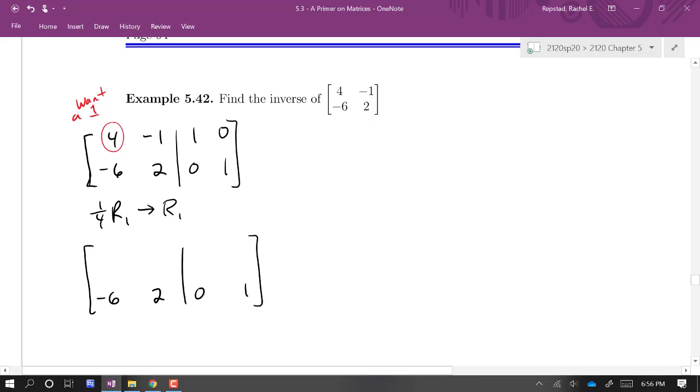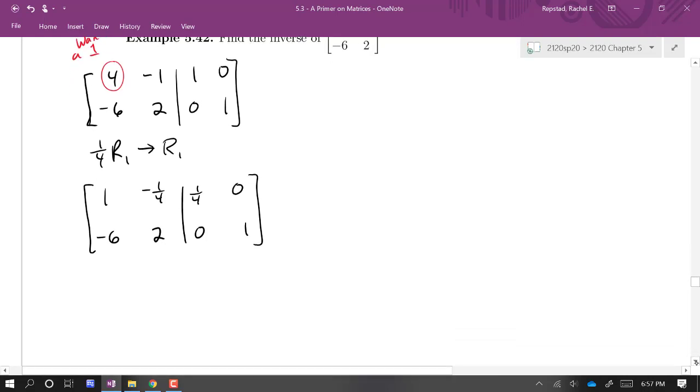And then I'm going to multiply each element in row 1 by 1/4. So 1/4 times 4 is 1. 1/4 times -1 is -1/4. 1/4 times 1 is 1/4, and 1/4 times 0 is 0. So I've got the first thing that I want, that 1 in that location.